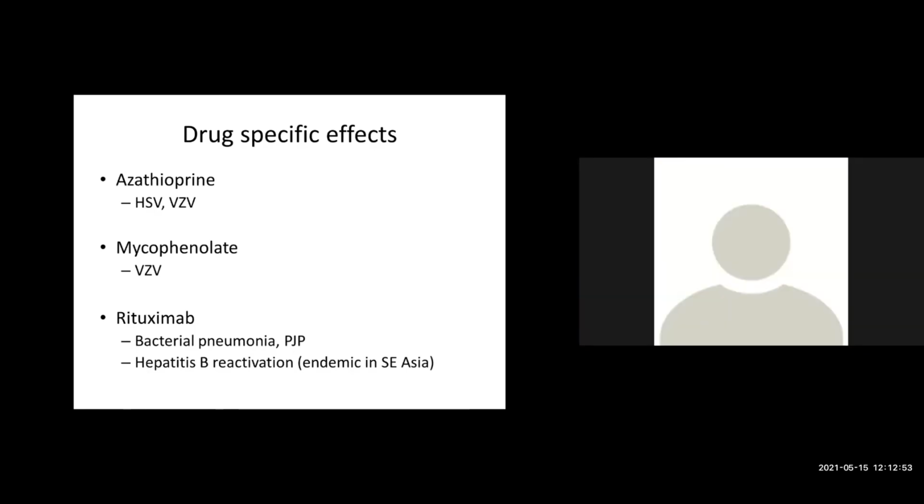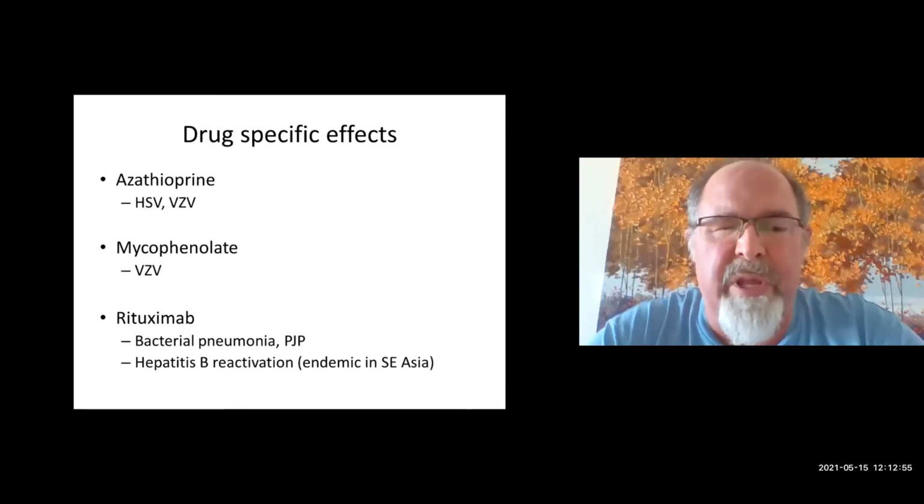That's the chickenpox virus, which manifests as shingles. Mycophenolate, a drug less used in vasculitis, but particularly keen on in Queensland, where azathioprine has another effect of enhancing skin cancers. Mycophenolate, when given with corticosteroids, really increases your risk of varicella, in other words, the recurrence of shingles.